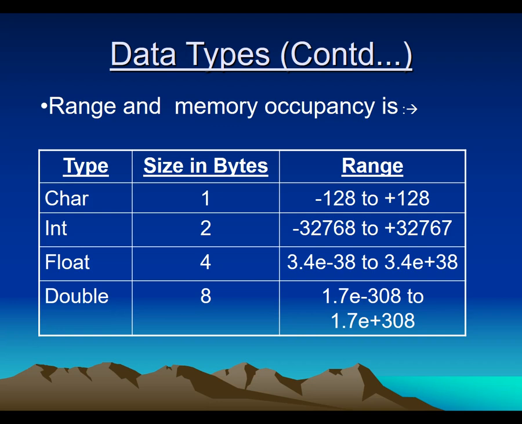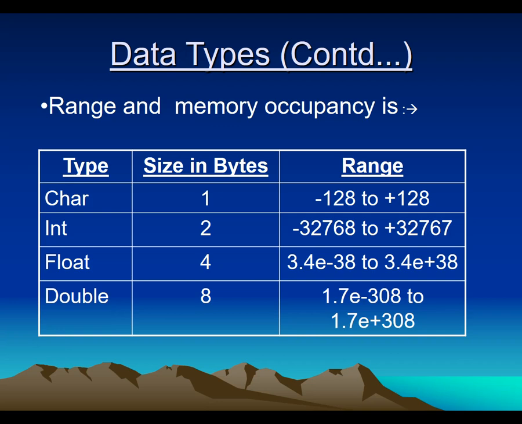Now what does it mean? This is not that important from the examination point of view, but it is required for each and every student to know. Whenever you type int and then a variable called a, say for example, integer a, then inside the system it occupies 2 bytes and the range varies between minus 32,768 to plus 32,767.